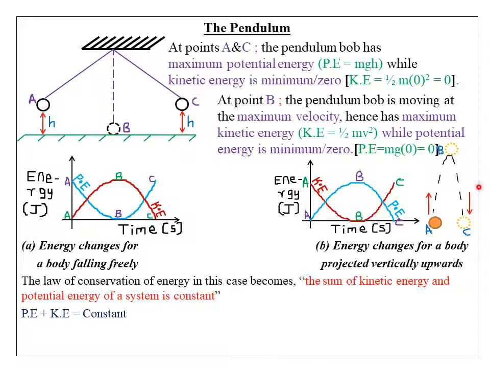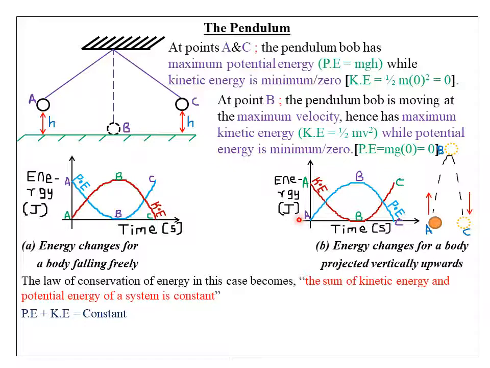From point B, the body again accelerates back to point C, which is at the same level as point A, which is actually the level ground. On the level ground, the height of the body from the ground is 0. And remember, when h becomes 0, potential energy becomes 0. That is why our graph at point C goes back to potential energy being 0.